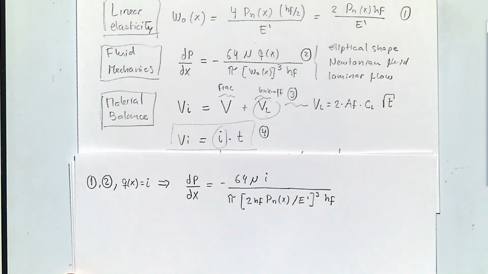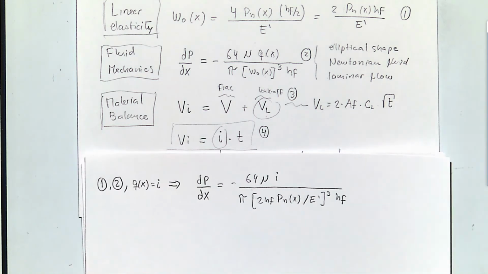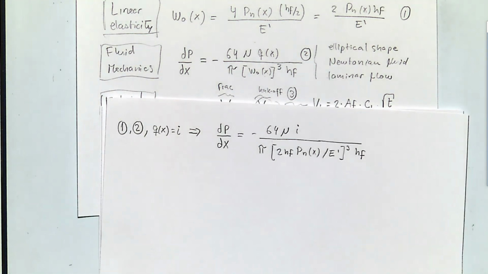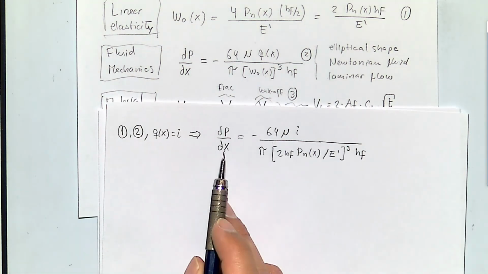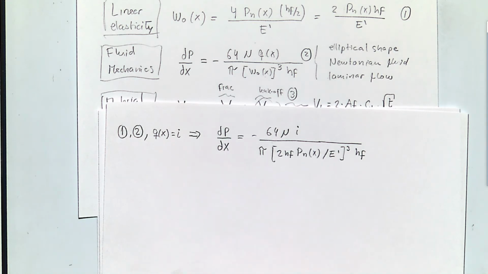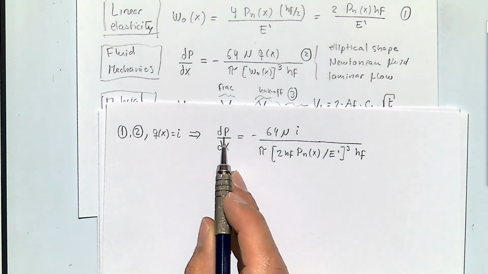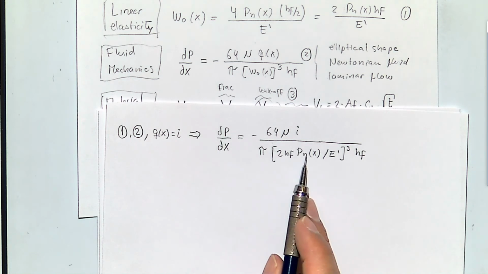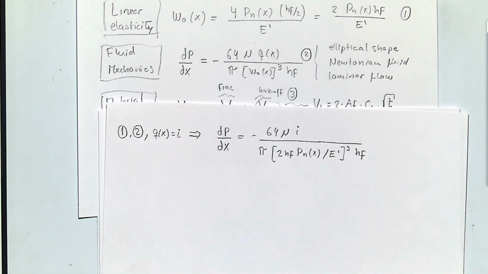And I can simplify this. You see there are some values, this is going to be 8, so 64 divided by 8 is just going to be 8. And later, this is a very simple differential equation that I can put this dp on this side and bring the net pressure here, and x put it on the other side.